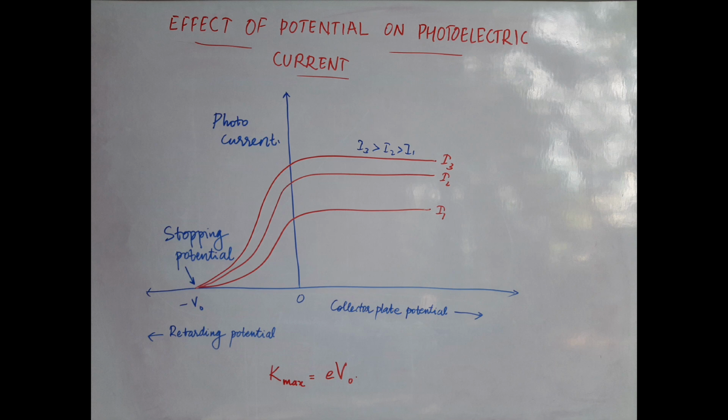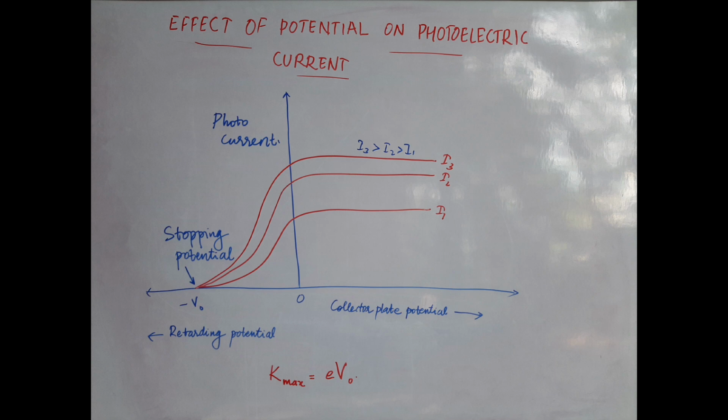That means all the photoelectrons emitted reach the metal plate A, and there is no further increase in value.